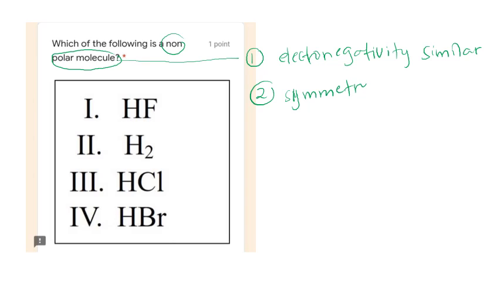So when we look at this question, all these compounds are symmetrical, which is linear, but then we have to check the electronegativity. So among these, only hydrogen consists of two atoms which are similar, meaning they have similar electronegativity, hence this compound is a non-polar molecule.